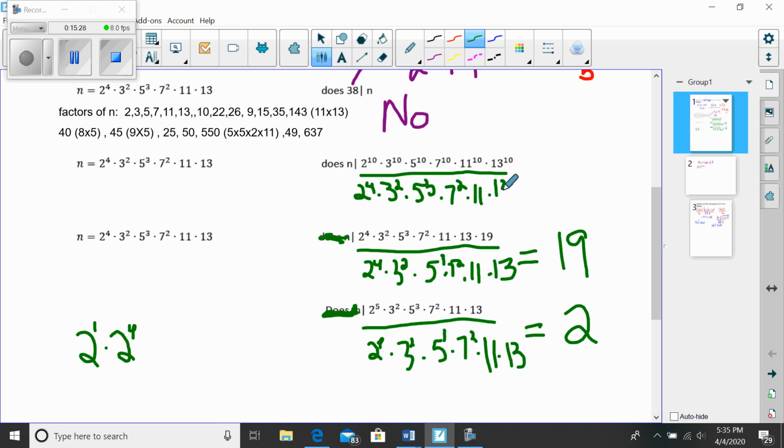then I can subtract the exponents, and notice that I get here 2 to the 6th times 2 to the 8th times 5 to the 7th times 7 to the 8th times 11 to the 9th times 13 to the 9th.